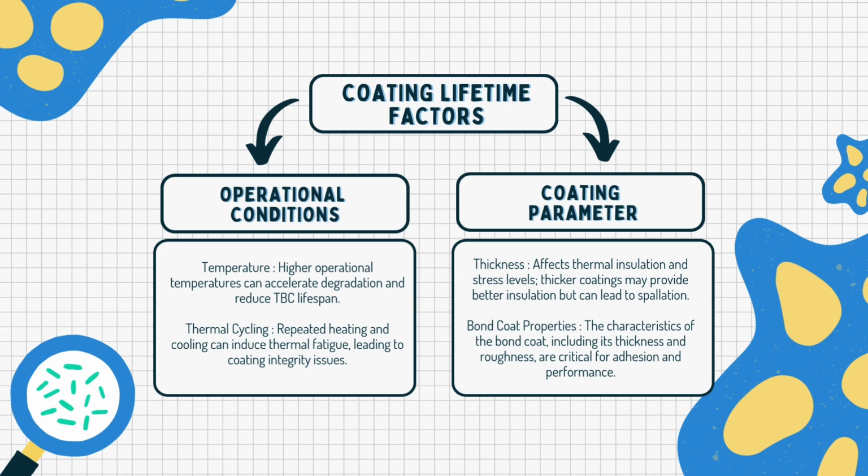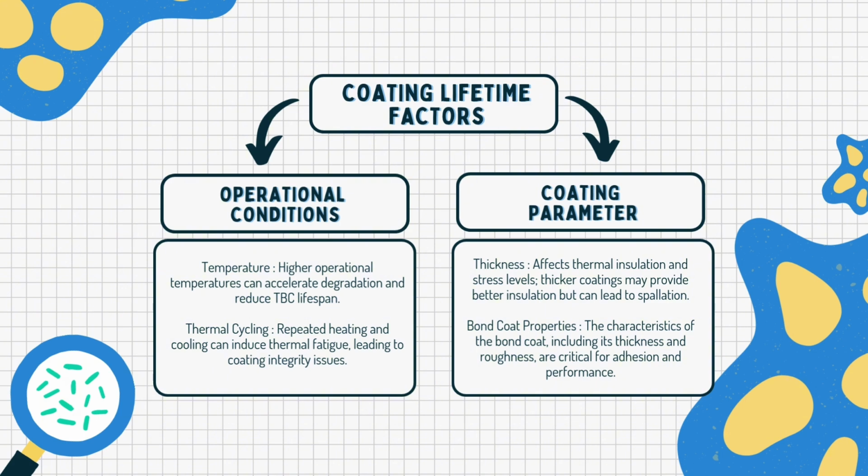Coating parameters affect thermal insulation and stress level. A thicker coating may provide better insulation but can lead to spallation. While for bond coat properties, the characteristics of the bond coat, including its thickness and roughness, are critical for adhesion and performance.